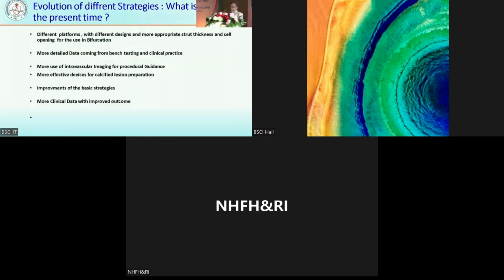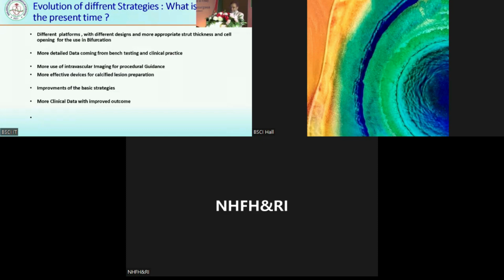And in the evaluation of the different strategies, we see different platforms, different designs, and more appropriate strut thickness and cell opening for use in bifurcation.